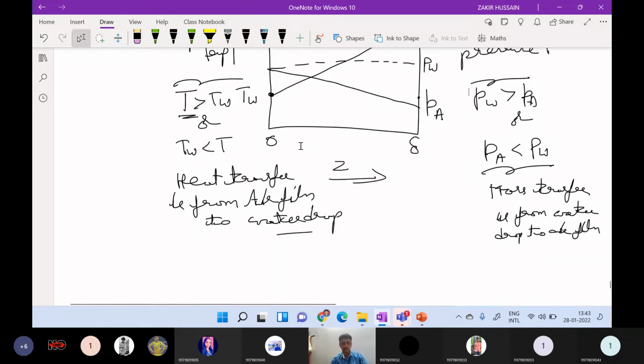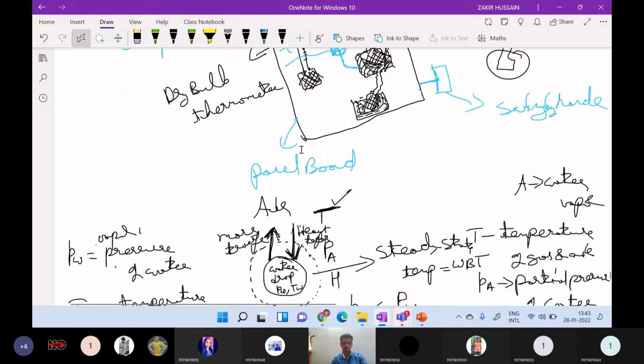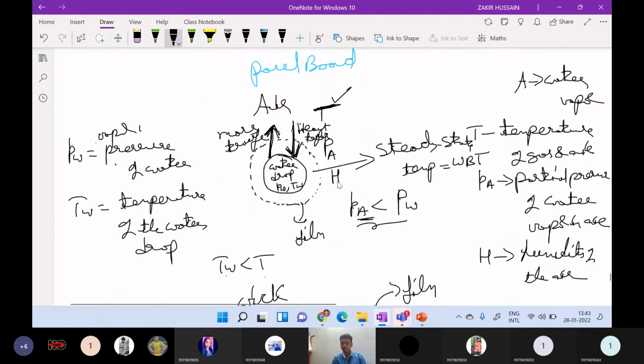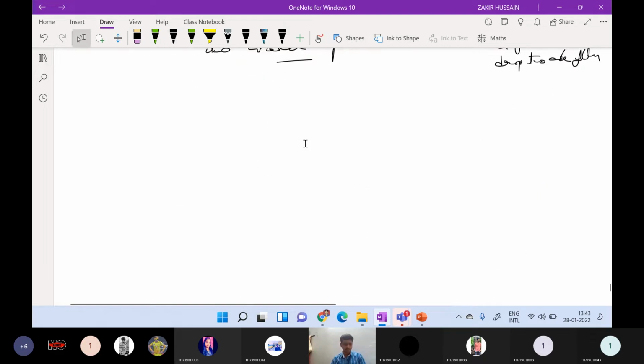So let us say this film has a humidity with a mole fraction of water vapor Y. Let us say the mole fraction of water vapor inside the film is Y. The mole fraction of water vapor at the water surface is YW, let us say. So now what happens? We know this formula: flux is directly proportional to the driving force or gradient.